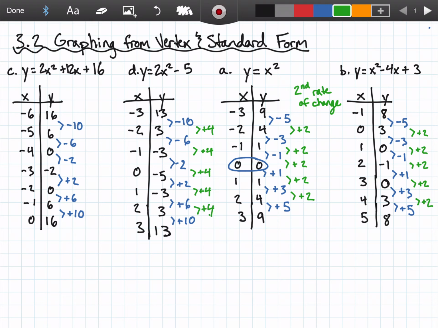This idea of a second rate of change being constant is very much a calculus idea tying into derivatives. We're not going to get into that because this is secondary too. But in the future, when you talk about derivatives, I hope you remember this day. Anyway, every quadratic has a constant second rate of change, and that is something that I do want us to pick out.